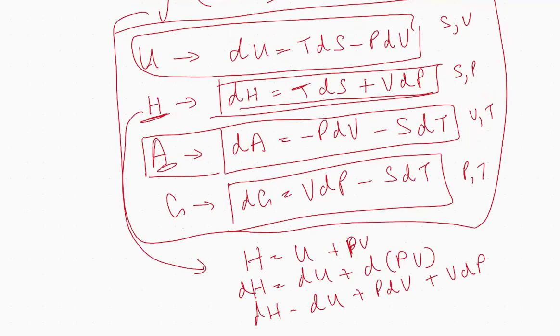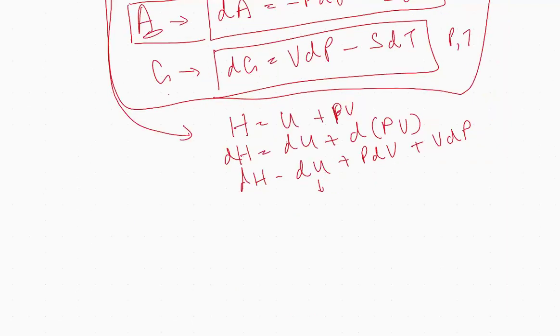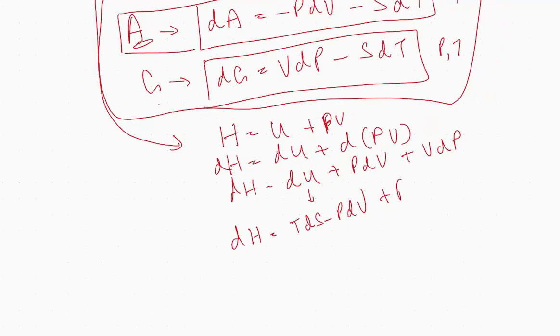So if I put that here, then I get V dP. Right, there's the VdP here. dH equals TdS plus VdP.